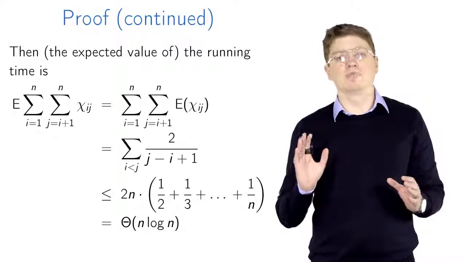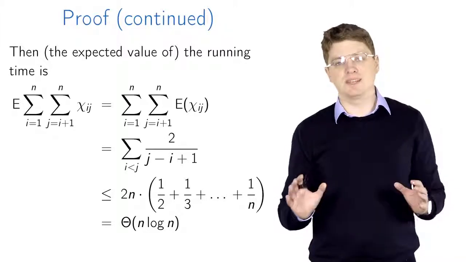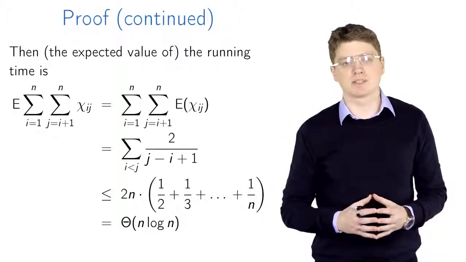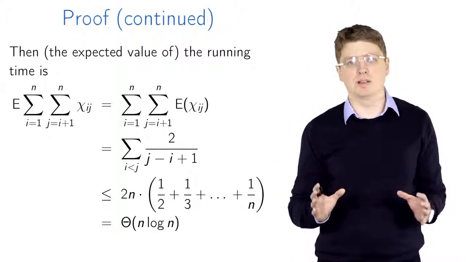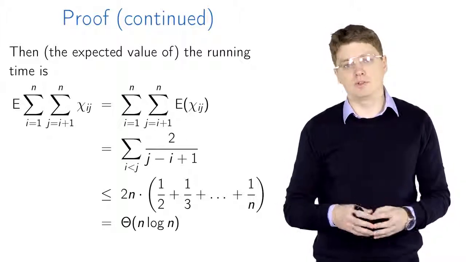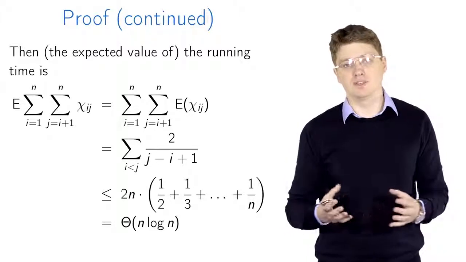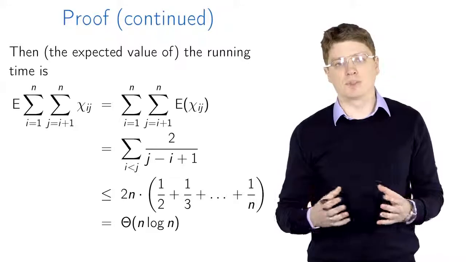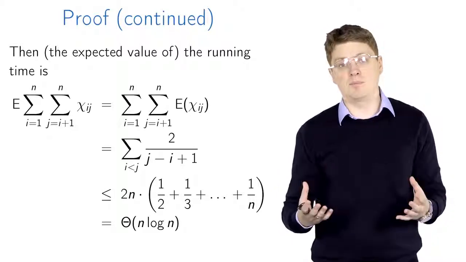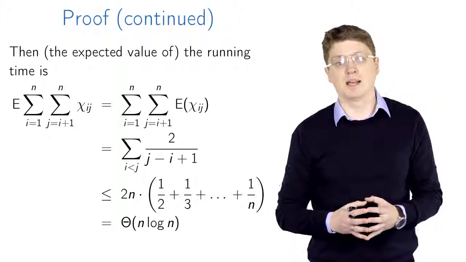The final step in our proof is estimating the sum of all the random variables Xij for all possible i and j. So once again, the expected value or the average value of the number of comparisons made is the expected value of the sum of all possible Xij's.